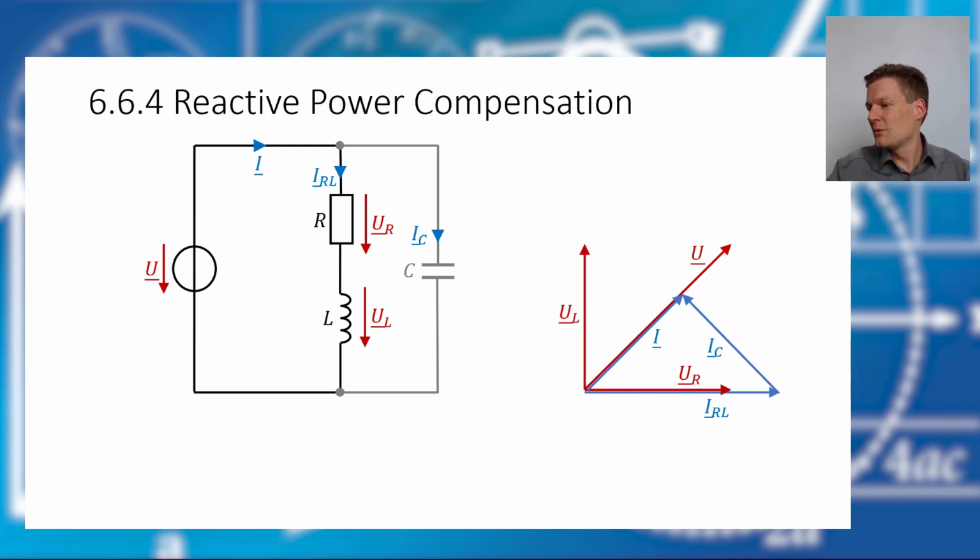So you see, we have an additional current through the capacitor, and this additional current leads to a smaller current from our voltage source, and our voltage source only delivers active power to the network because the total voltage and the total current are in phase.